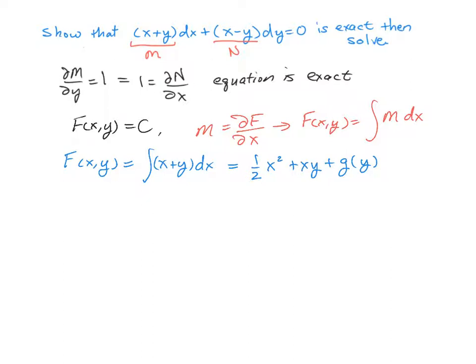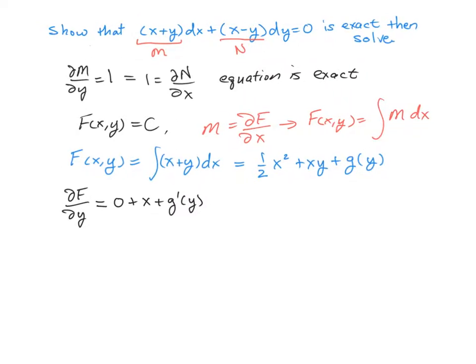Now we need to use the value of N to make sure we can find g. So now we take the partial of this F with respect to y, which is going to be equal to 0 plus an x plus g prime of y. It's an ordinary derivative because y is the only variable in g.